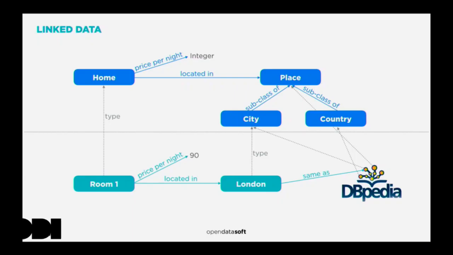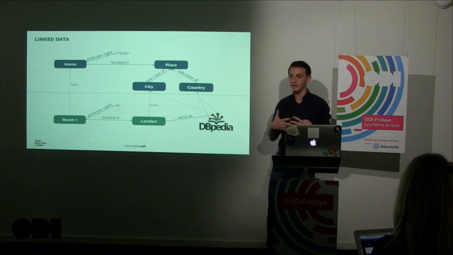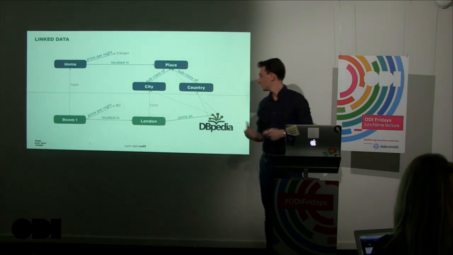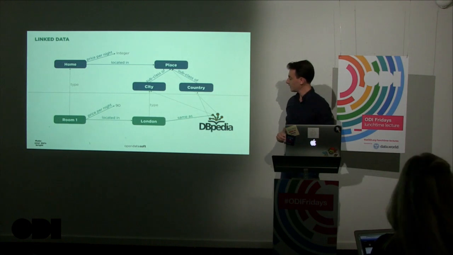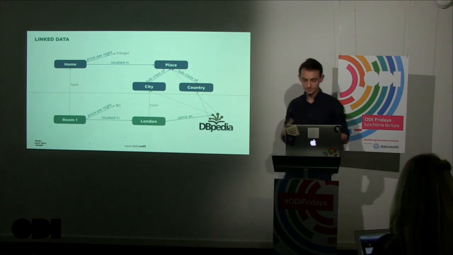That's because when two linked data sets use the same vocabulary or describe the same resource, links are created between these data sets. So it's easier to combine and to query. That's why we talk about linked data.